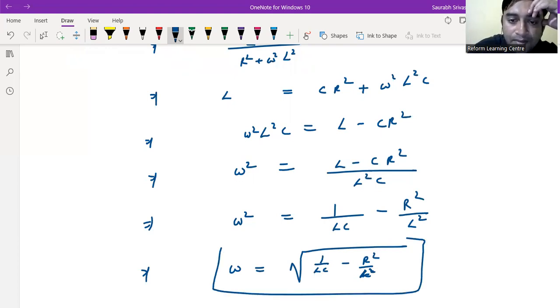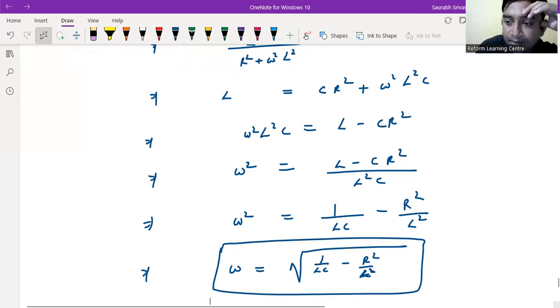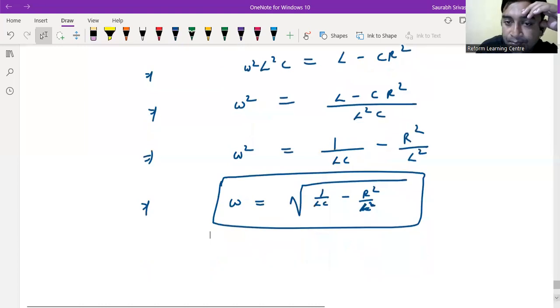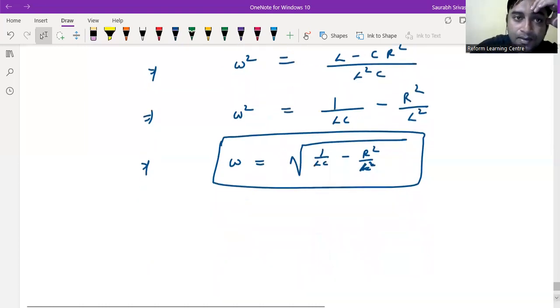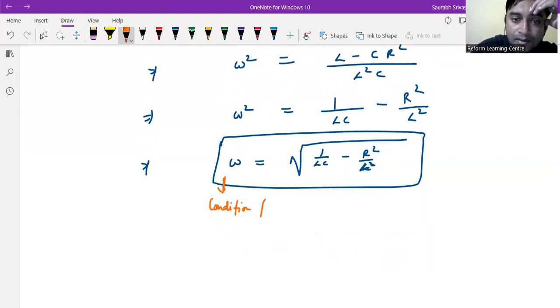This is the condition for resonance in given circuit. इस फ्रीक्वेंसी पर रेजोनेंस होगा. This is the condition for resonance in above circuit.